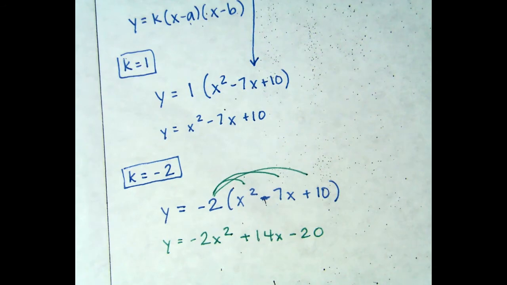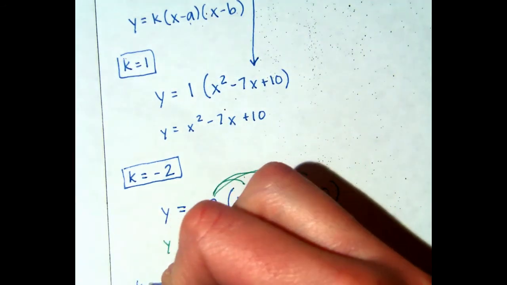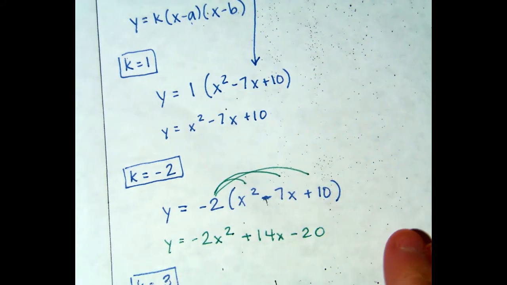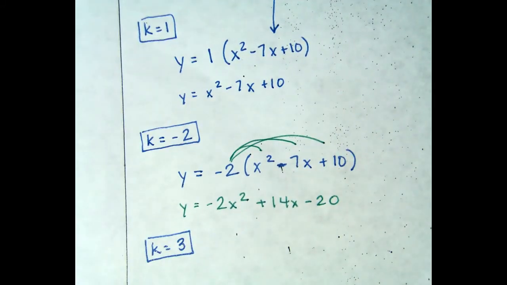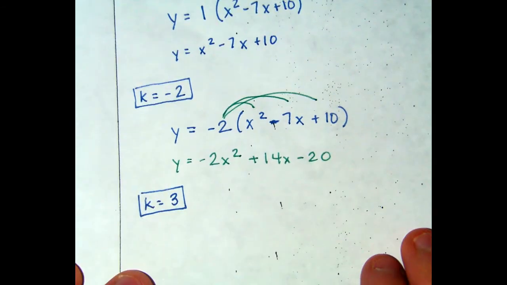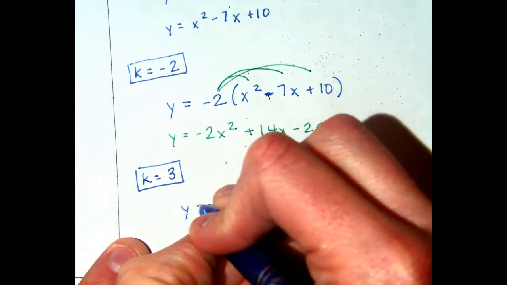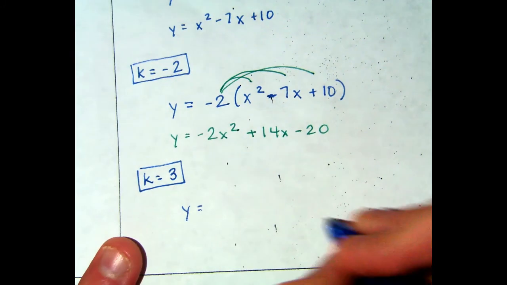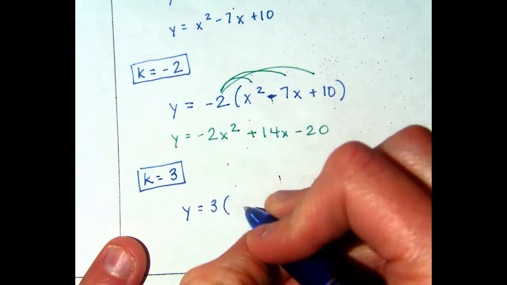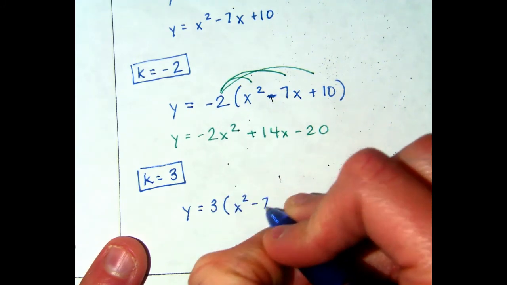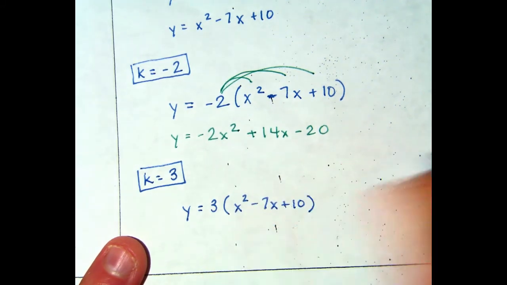You need to do that again when k equals 3. It's frozen. You can't see. All right. Do it again when k equals 3. How are you going to set that up for k equals 3? What are you going to write down? 3, then what? Okay, go ahead and do that one too.